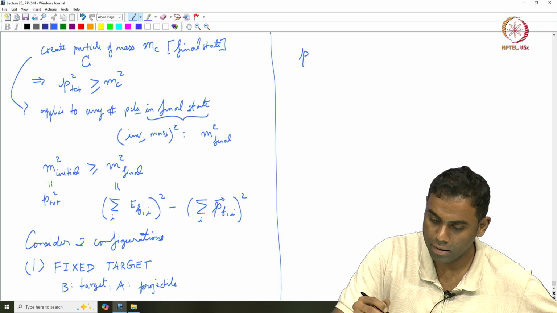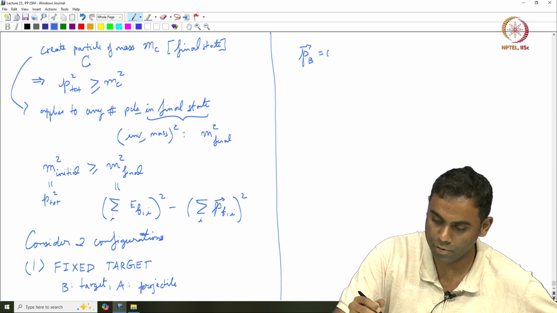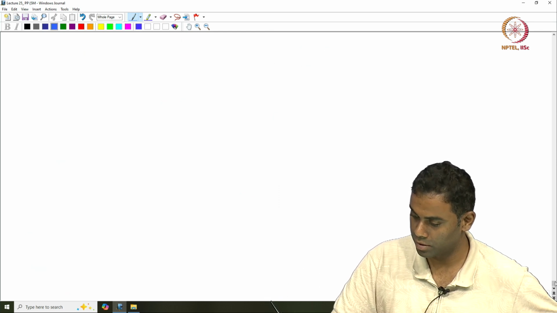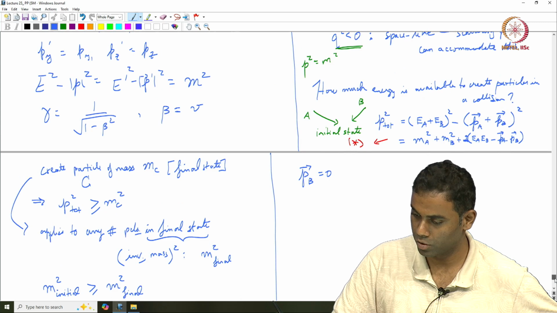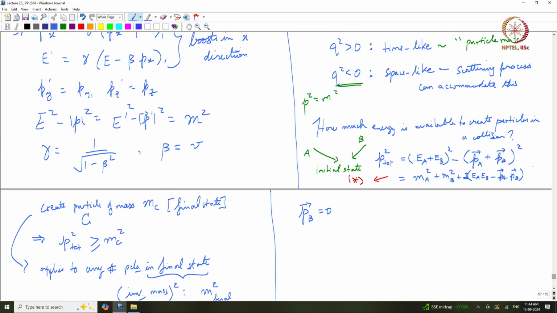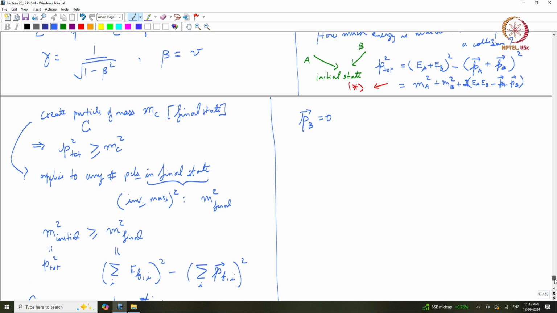That would imply that in my master formula, remember this is the master formula over here, the star equation, let me just keep that around so that we can see what is going on. In that formula I set PB to 0, and what is EB? That is just the mass, the rest mass if you want.